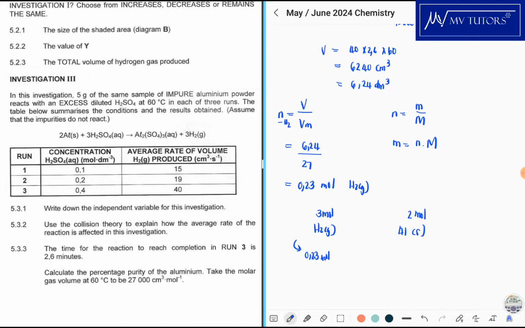In order for us to get the number of mole for aluminium, we're going to take that 2 and divide it by 3. So we're basically working it out in terms of ratios. So 2/3 times that 0,23 will give us the number of mole for aluminium.